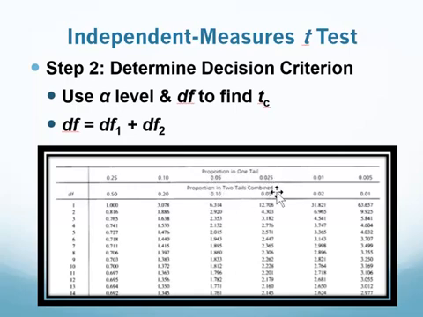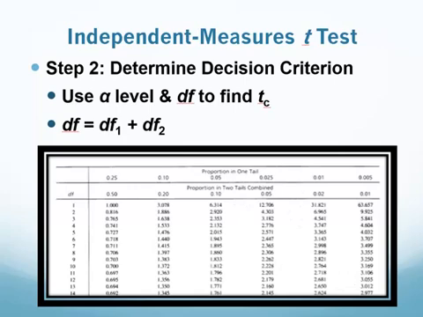If it was a two-tailed test, we used that row. Then we would find whatever our alpha was. So let's say it was a two-tailed test with alpha of 0.05. Then that would tell us that we're going to use this column to find our degrees of freedom. The only thing that remained was figuring out what our degrees of freedom was. Whatever that degrees of freedom is, we would just match it to our column for our alpha and our proportion in either one tail or two tails, and that would give us our critical value.